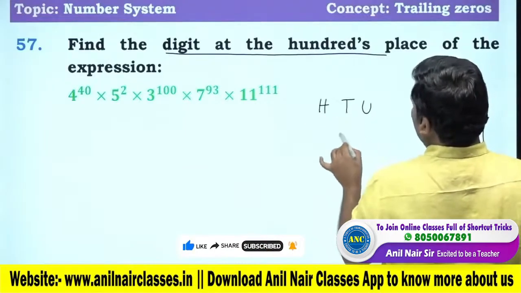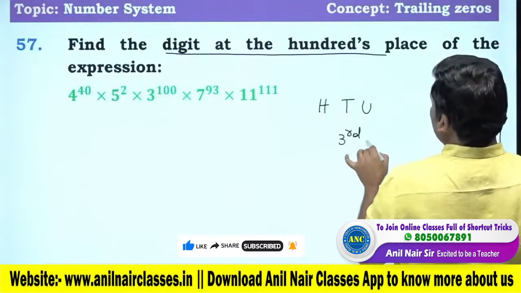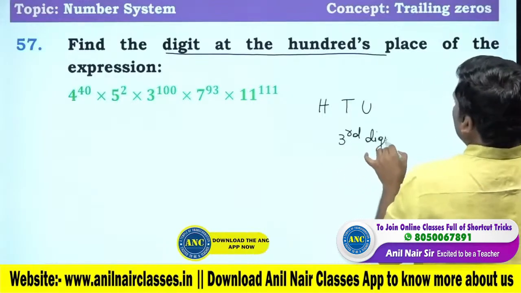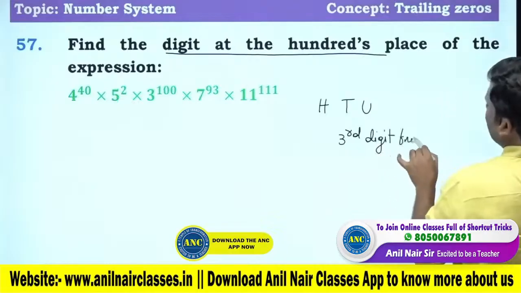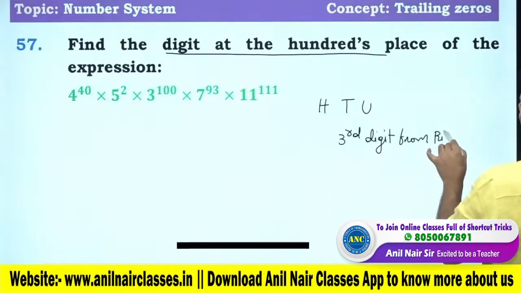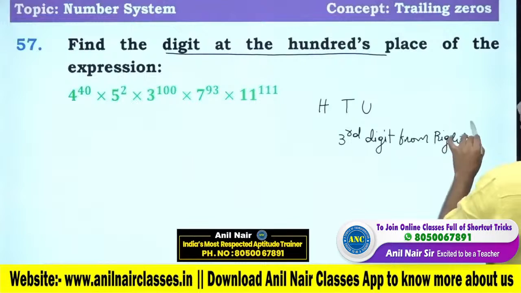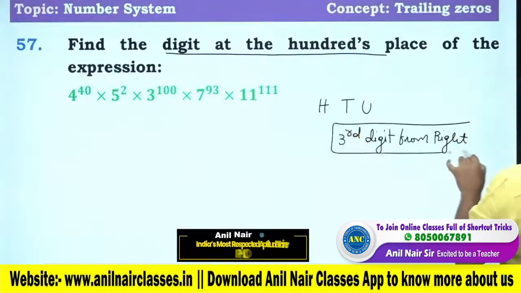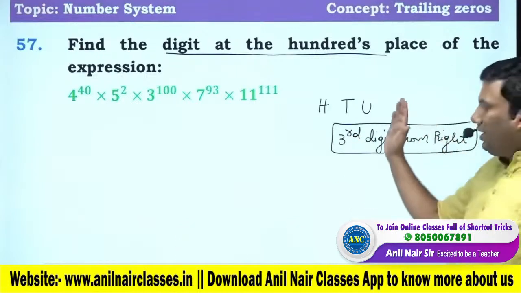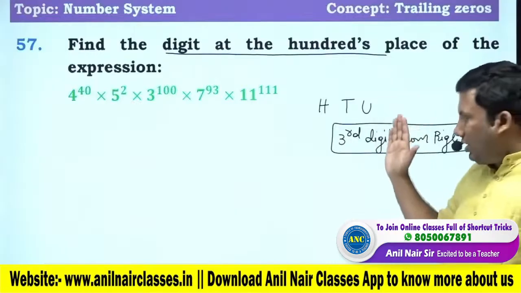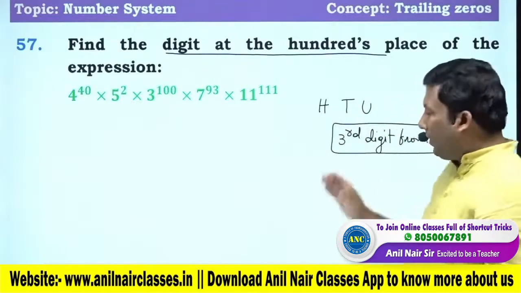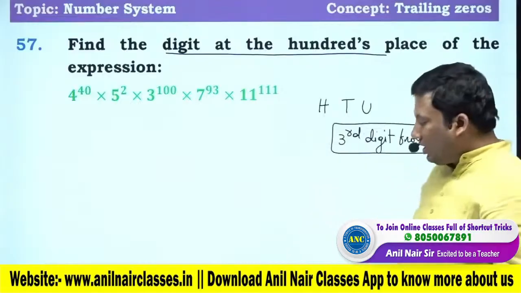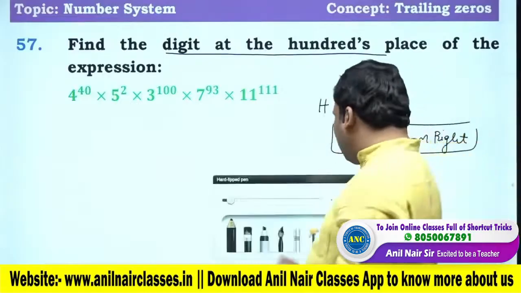That means I want the third digit from the right for this expression. First digit is the unit digit, second digit is the tens place, third digit is the hundreds place.